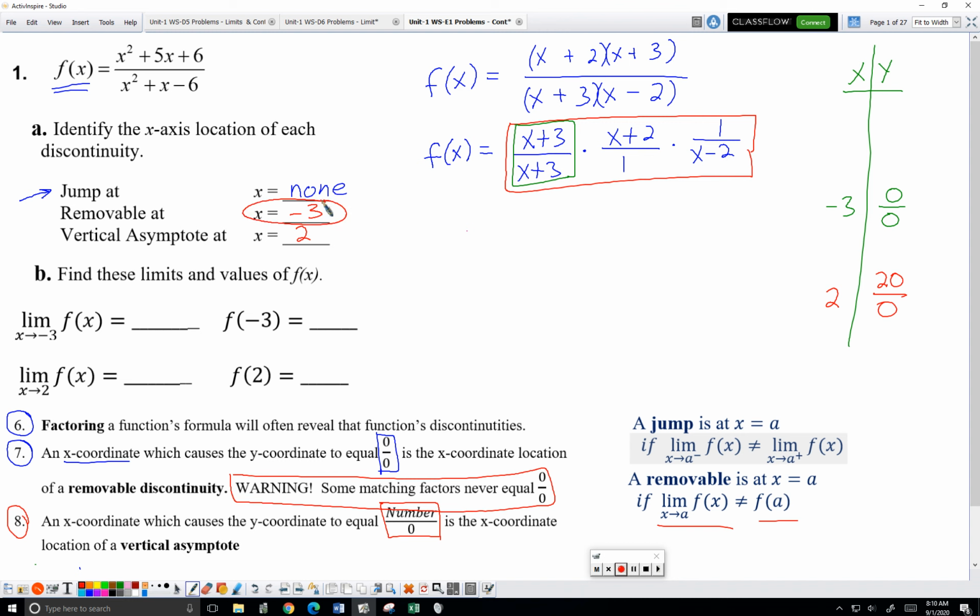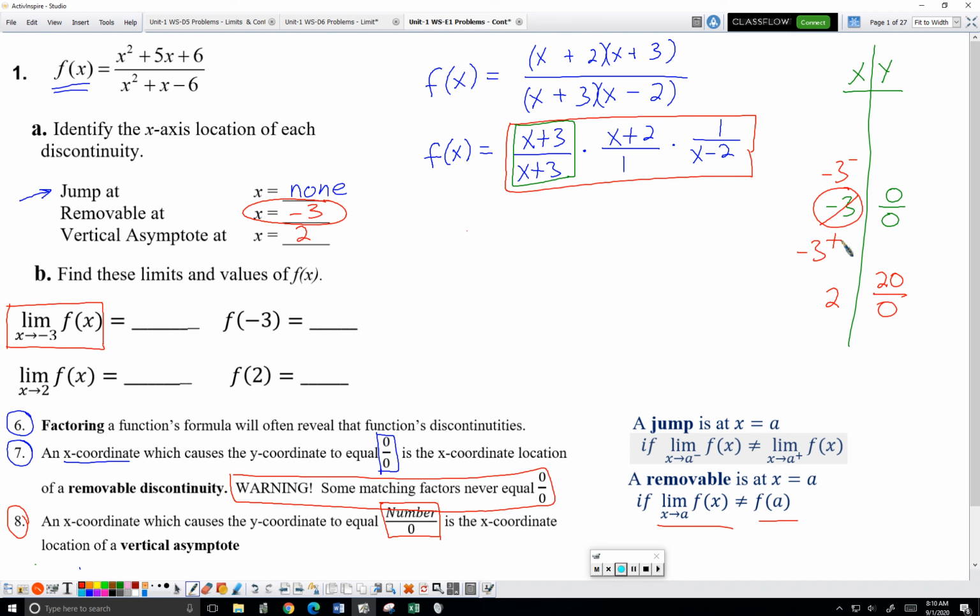So on the packet where it says what's the limit as x approaches -3, I can find this very quickly now because I've got my formula right here. This is how I find all the xy pairs. And I remember from previous homework that as long as I'm looking for an x value that's not exactly -3, so I'm not looking at x equal -3, I'm looking close, this will equal 1.